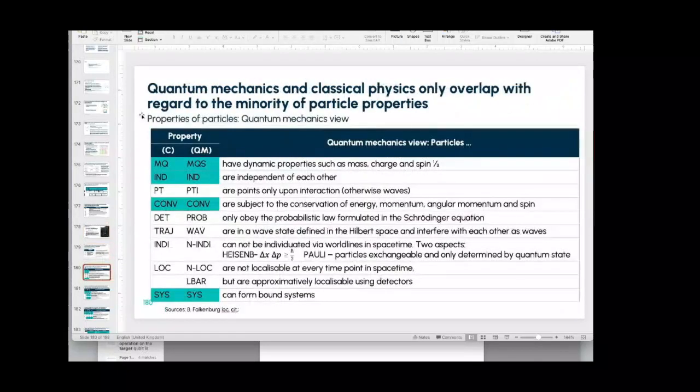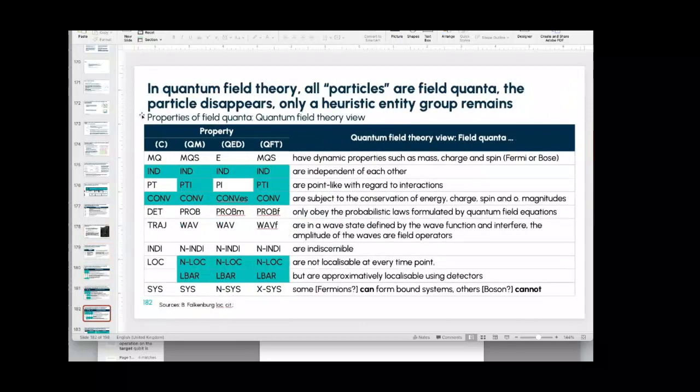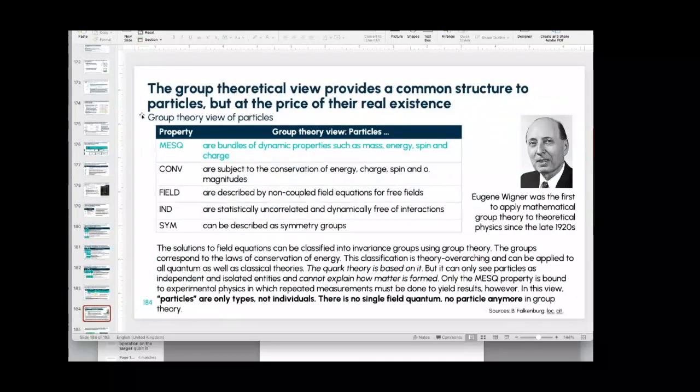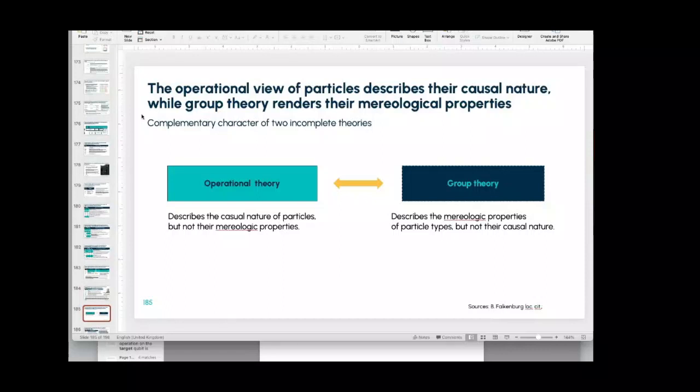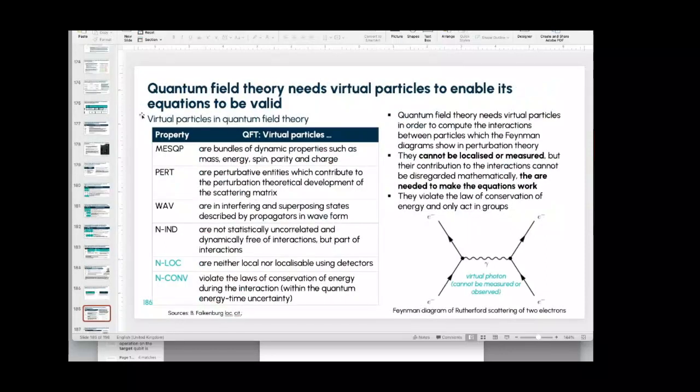And if we now look at what that means for quantum field theory, then we don't have particles anymore, but only field quanta, and they are not determined very well. I can't go into all of this right now, but it's very shaky.